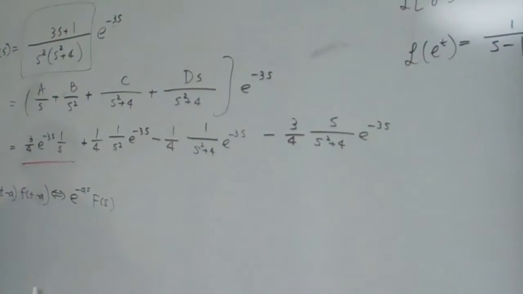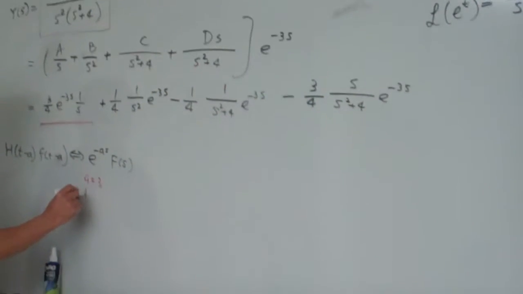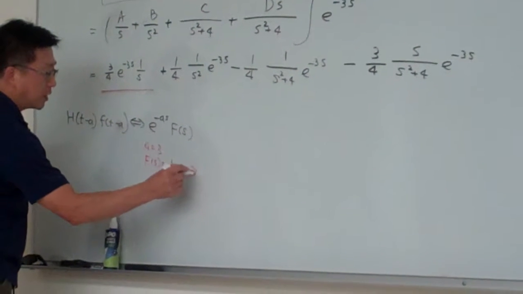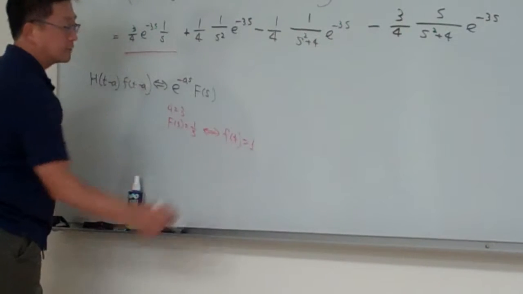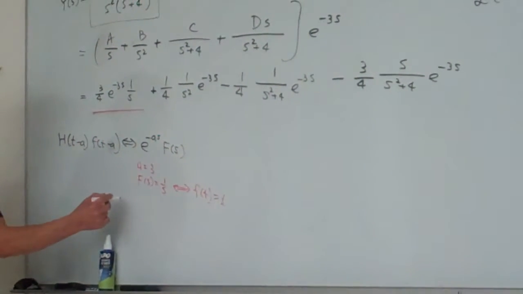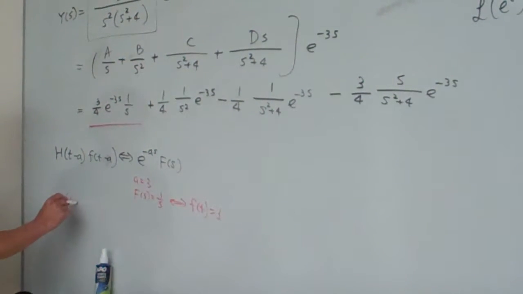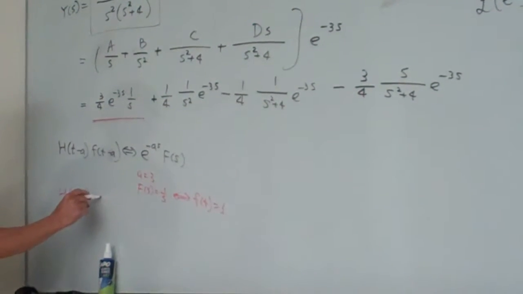Okay, so that means here a equal to 3, F(s) equal to 1 over s. So from here we have the right information, f(t) equal to constant 1. So with that information we put back in, so therefore here h(t minus a) equal to h(t minus 3) and f equal to 1, so this one also equal to 1 here.